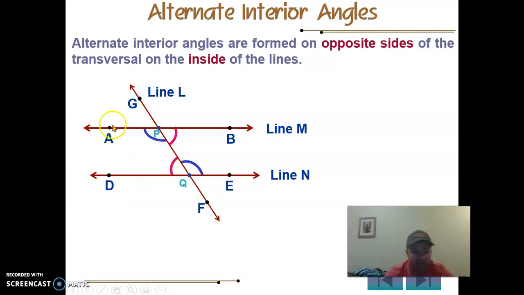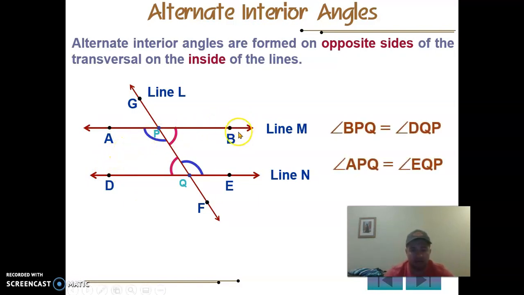And inside, I have alternate interior angles. So, I have angles BPQ and DQP. And I'm going to highlight them in pink so you can see it.